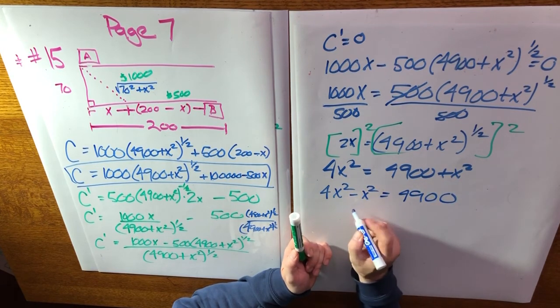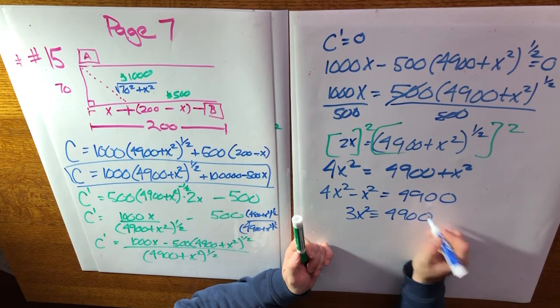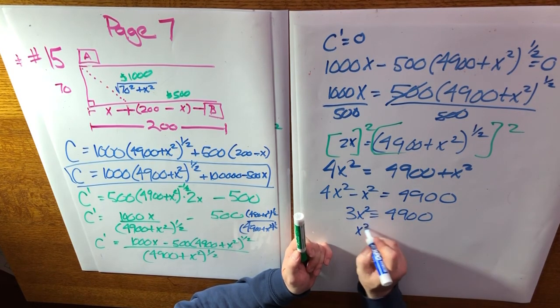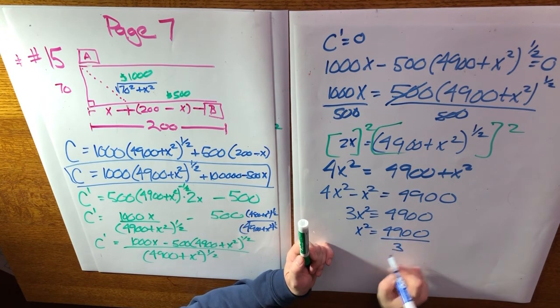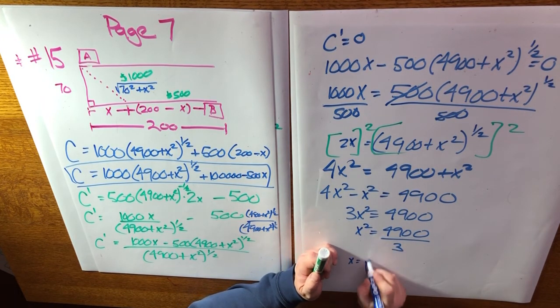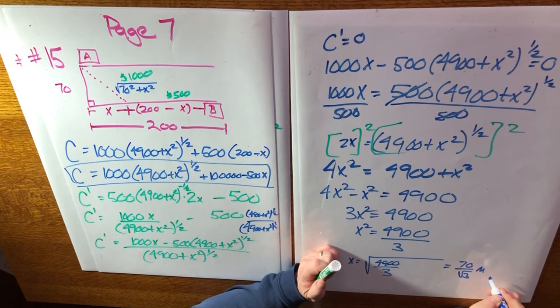I can subtract these two terms and get 3x squared equals 4,900. So x squared equals 4,900 over 3, x will equal the square root of 4,900 over 3, which is equal to 70 over square root 3 meters.